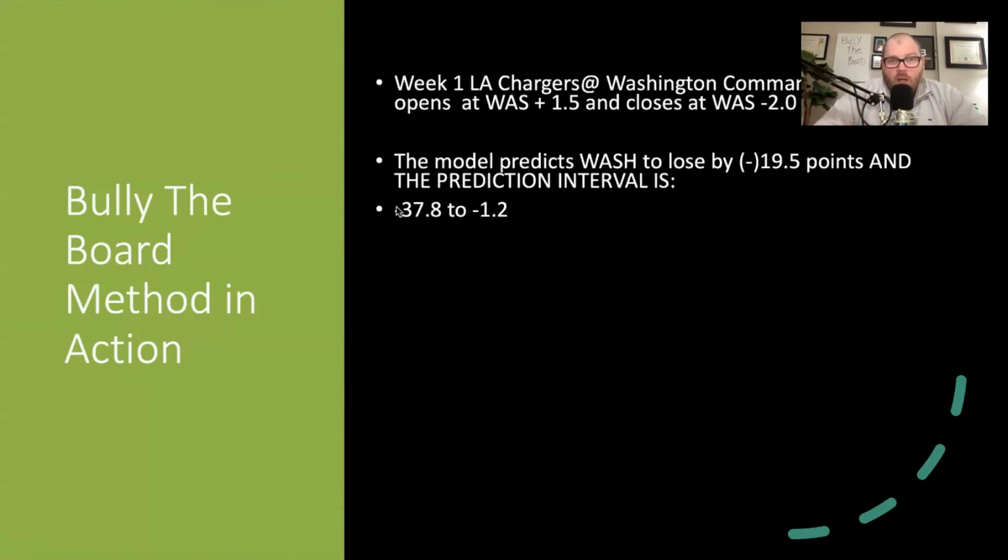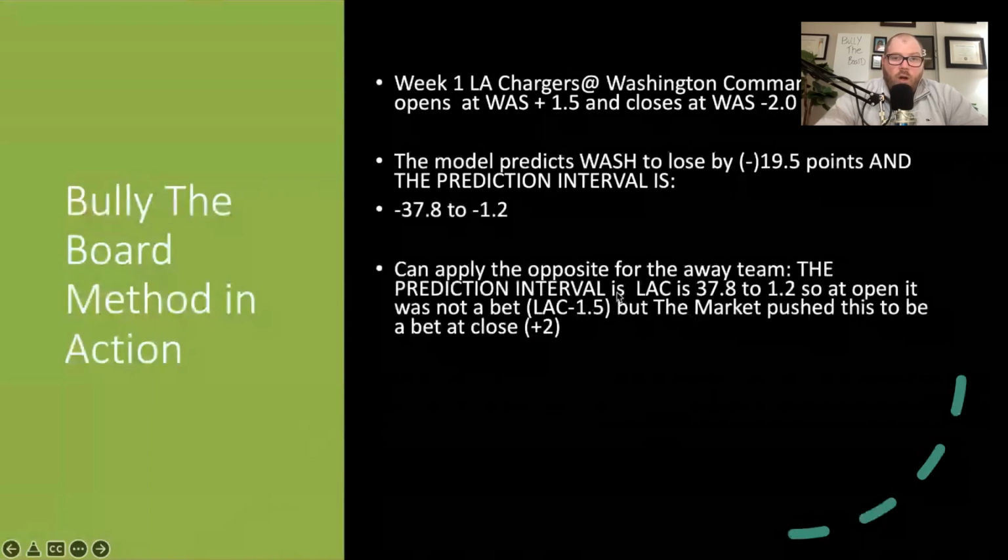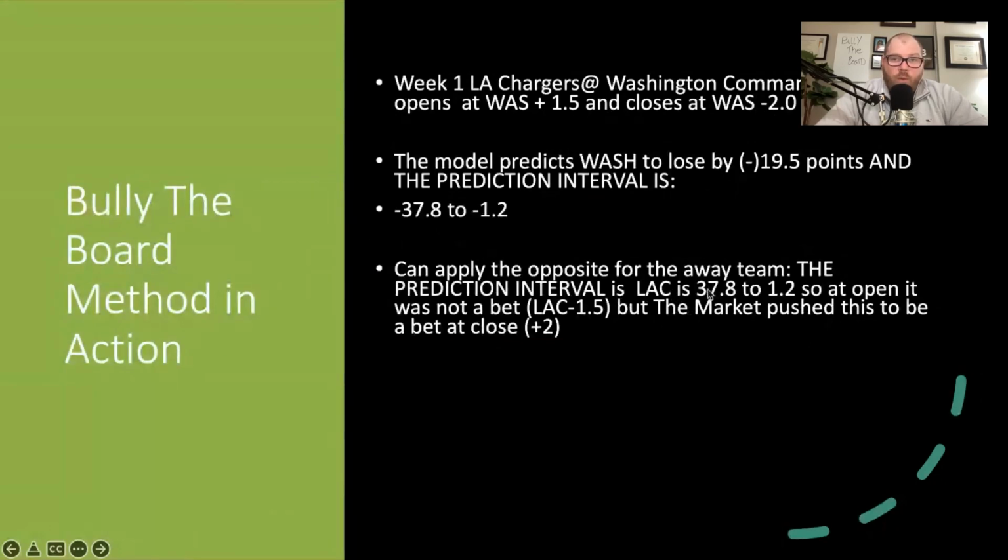So we see that the confidence interval from -1 to -38 at plus 1.5 does contain the spread. But when the market moved this to Washington -1 or -2, then the situation is that we can interpret this as the LA Chargers are going to win from 1 to 38 points.